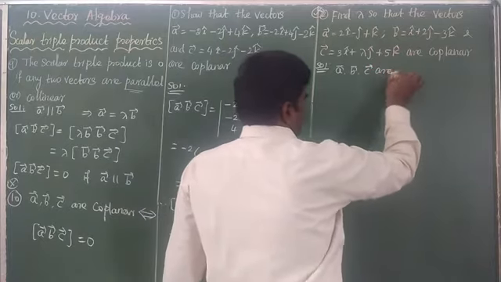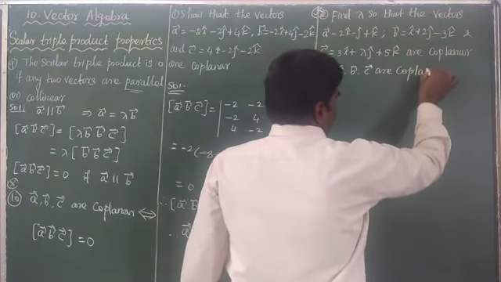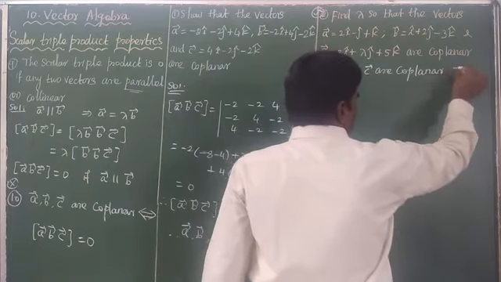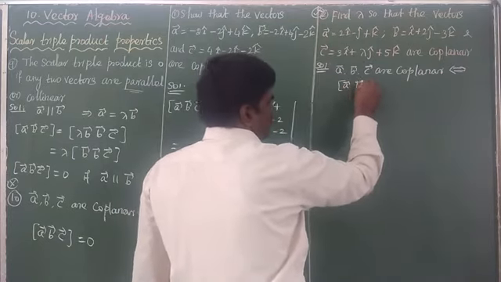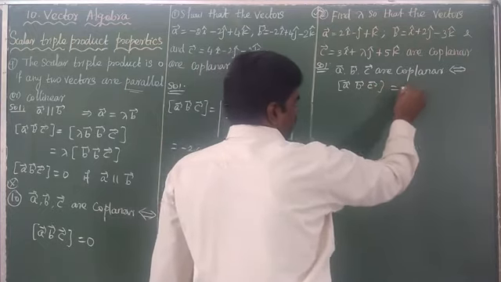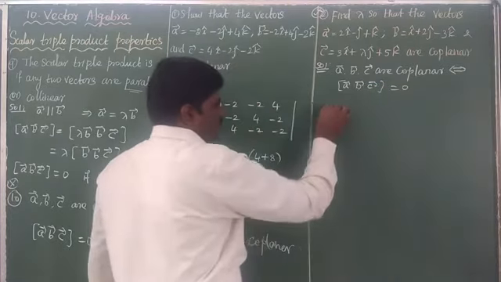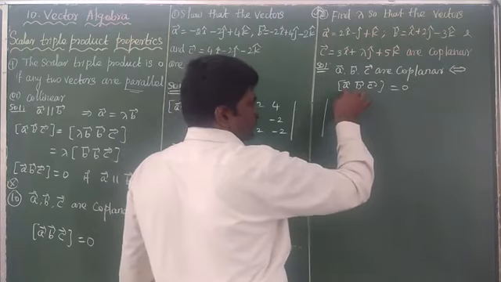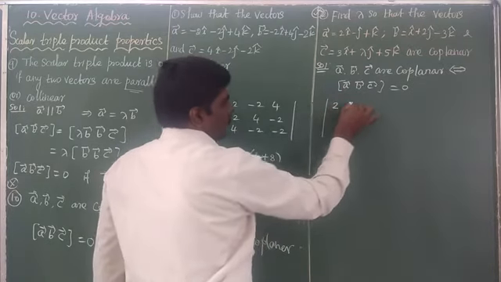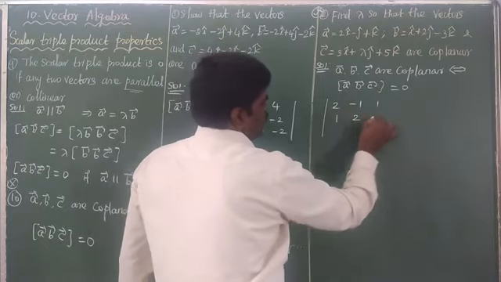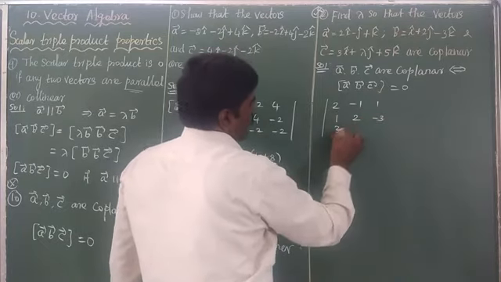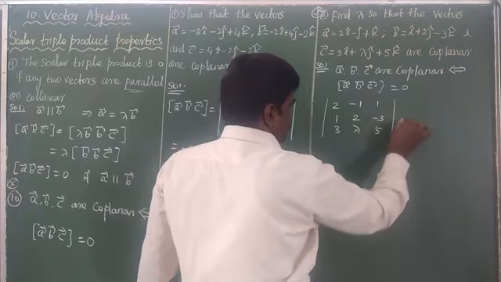Now, coplanar if and only if the scalar triple product of A vector, B vector, and C vector is equal to 0. Here, using the determinant: the coefficients of A vector are 2, -1, 1. Next, B vector is equal to 1, 2, -3. C vector is equal to 3, lambda, 5, is equal to 0.